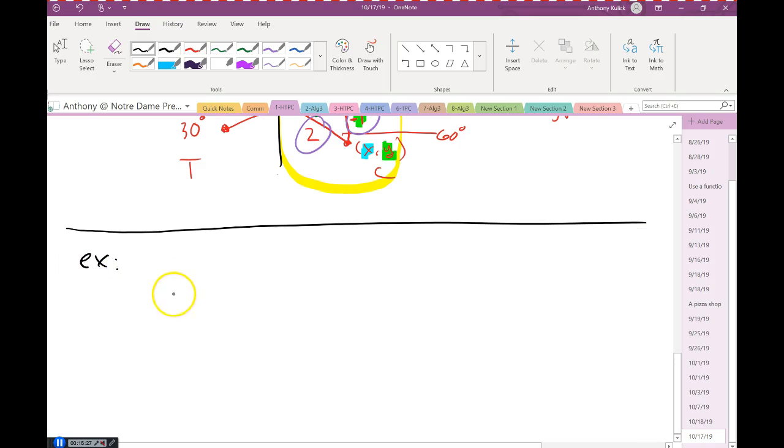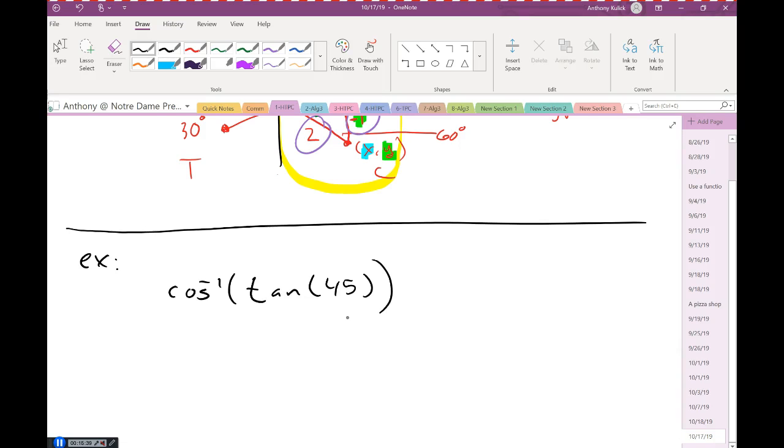So we could make this slightly more complicated by combining two things together, like cosine inverse of tangent of 45. If I want to do this without using my calculator, I could use my unit circle to simplify the tangent of 45.